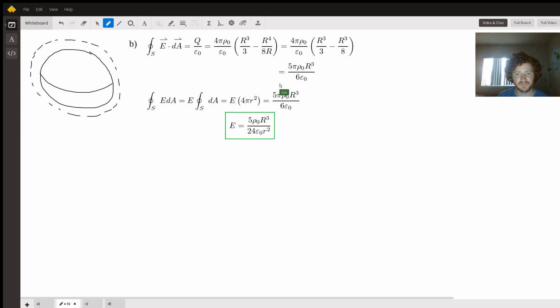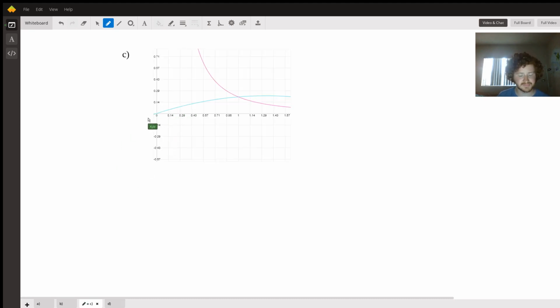It's easier to explain with this graph. The electric field's building up as you get more and more charge contained in the Gaussian surface as you go out, and then you reach the edge of the sphere and you're no longer getting more charge, and so the electric field must die off, right?